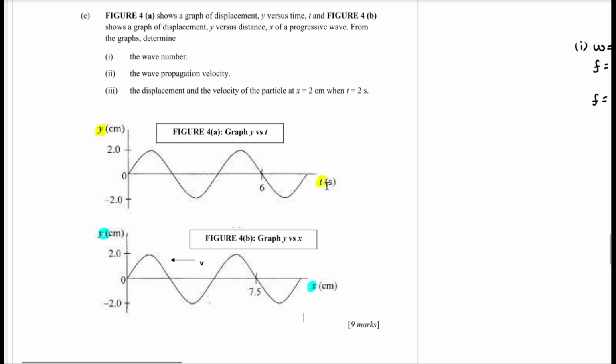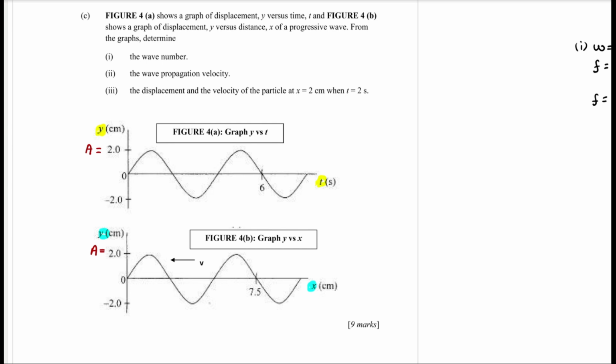Okay, so bila you ada dua graph macam ni, remember if you have a graph of Y against T, so this is the amplitude, sama lah, Y against X pun sama, ini adalah dia punya nilai amplitude. But, look at the X axis, okay, for graph Y against T, we can determine the period of the oscillation.